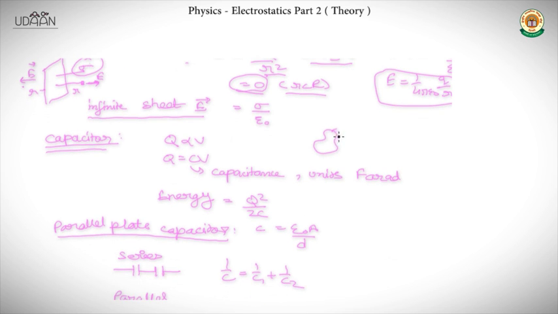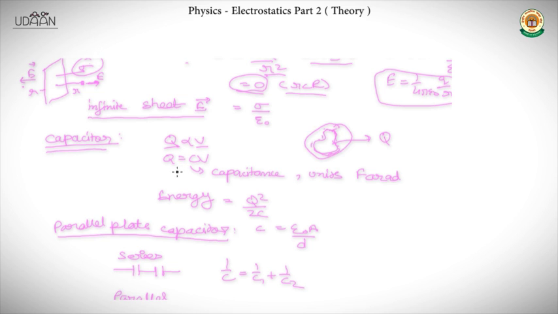So what is a capacitor? Suppose I have a metallic body, and I have given it a charge Q. All the charge will reside on the surface, and we know that the surface will be an equipotential surface. So we have found that Q is always proportional to V of the surface.